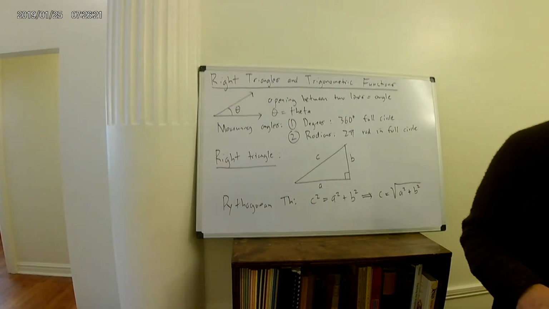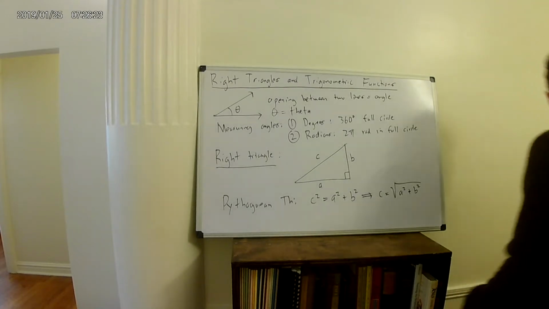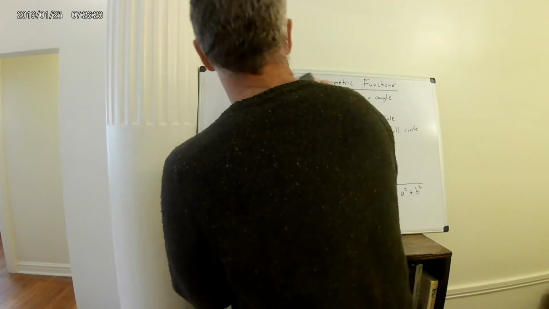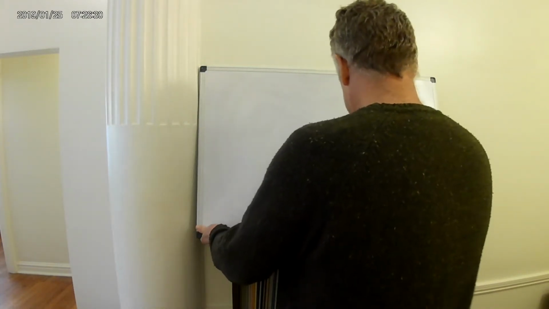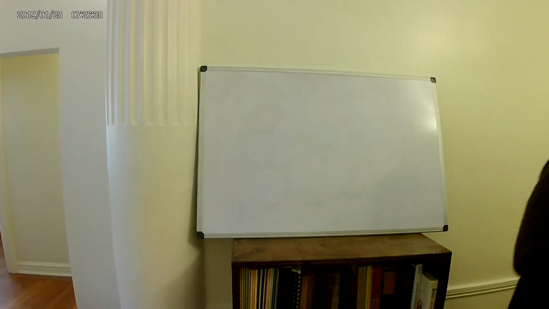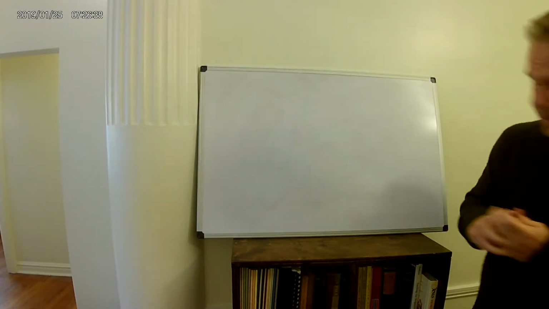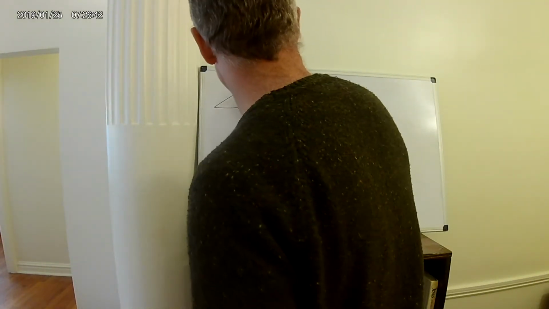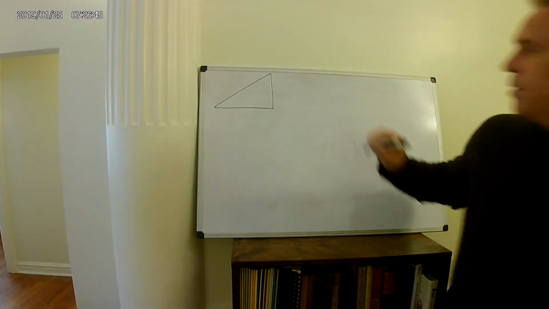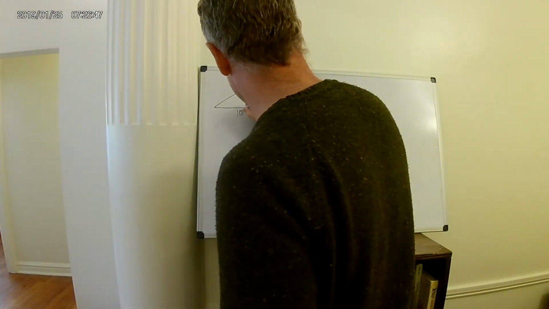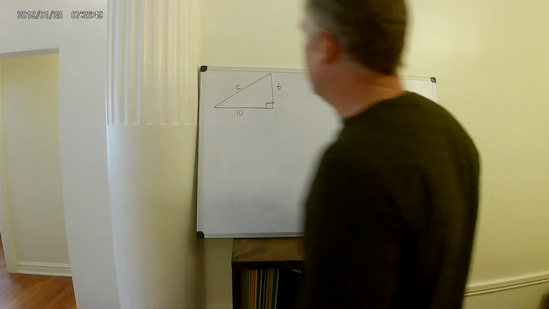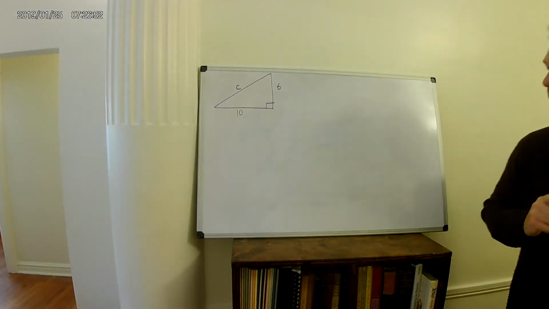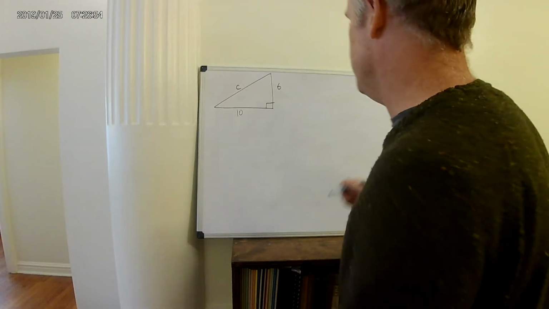Let me do an example problem with the Pythagorean Theorem. Suppose we had a right triangle that had the following lengths. Let's suppose that this side was equal to 6, and this side was equal to 10. This is a right triangle, and this is our side C. We want to figure out what the length of the hypotenuse is.